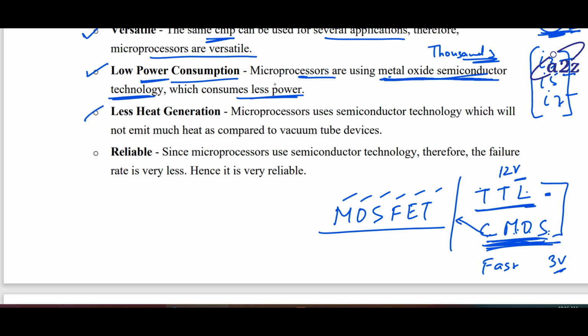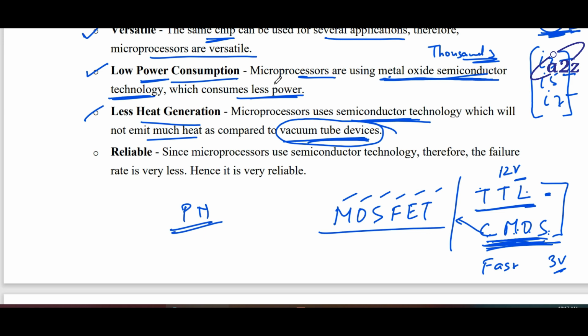Next is less heat generation. Microprocessors use semiconductor technology. Semiconductor means PN junction. Semiconductor technology does not emit much heat as compared to vacuum tube devices. Earlier, the room-size computers used vacuum tubes, and these devices generate a lot of heat.